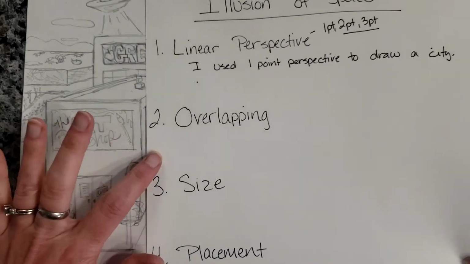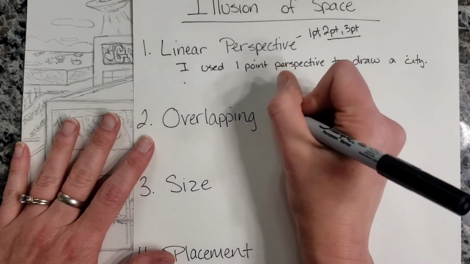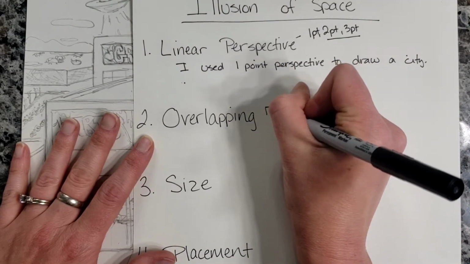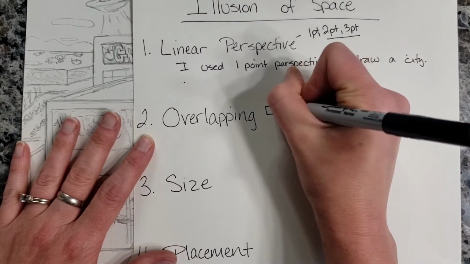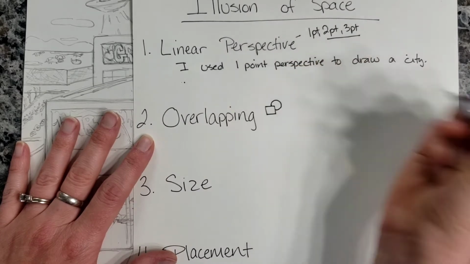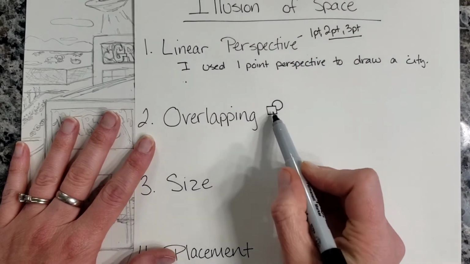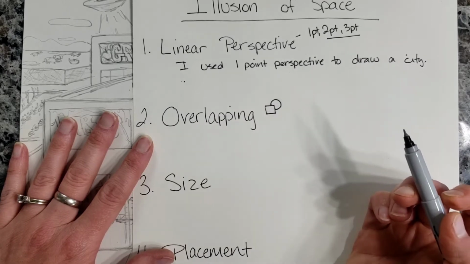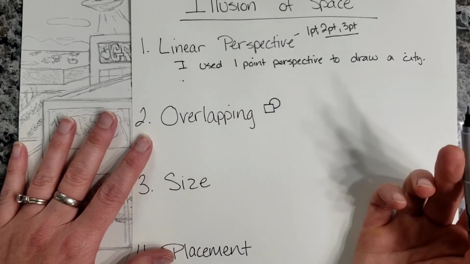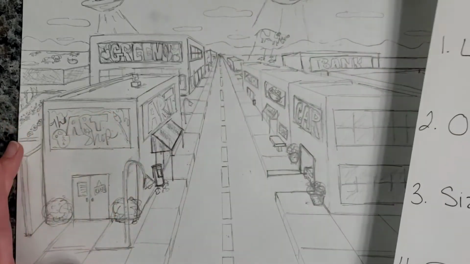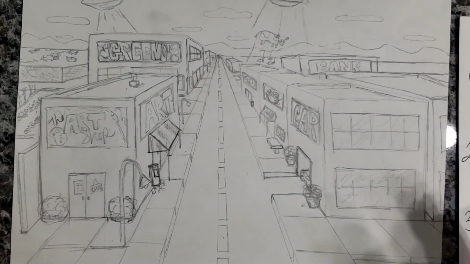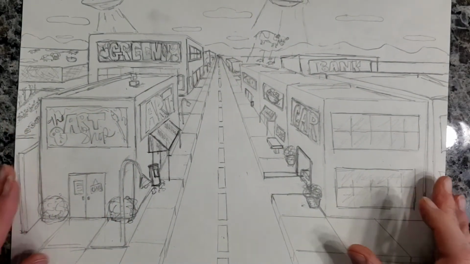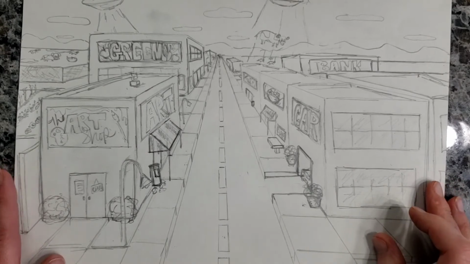Now, overlapping is next. Overlapping is when you have one object that covers another object. And our brains automatically tell us that the square is in front of the circle, because the square is overlapping the circle. So I just have to point out at least one spot where I have done overlapping, but I've done overlapping a lot.